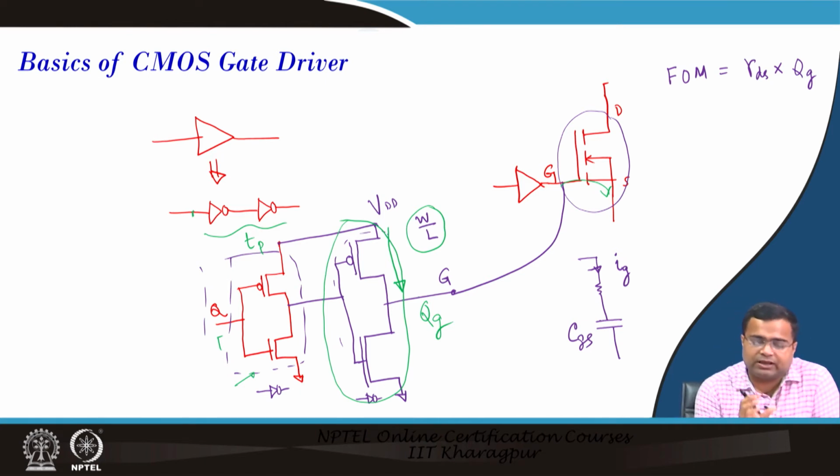But we can understand that this CMOS transistor is responsible for charging and discharging the gate capacitance of the MOSFET, and if the QG of the MOSFET is high, then the peak current rating of this driver circuit has to be high, in order to turn this MOSFET on and off fast.